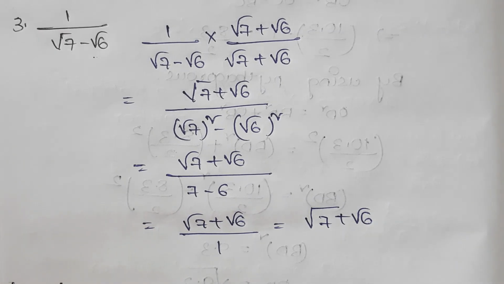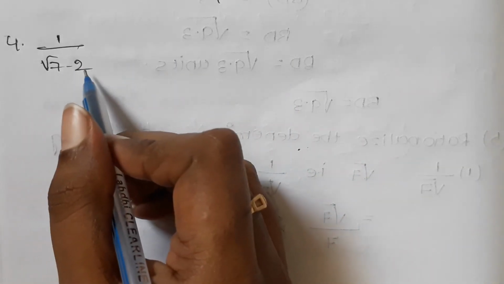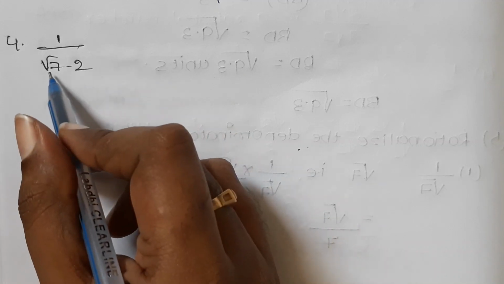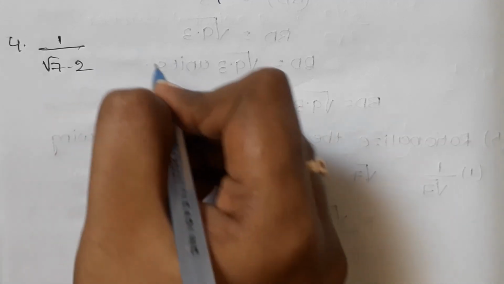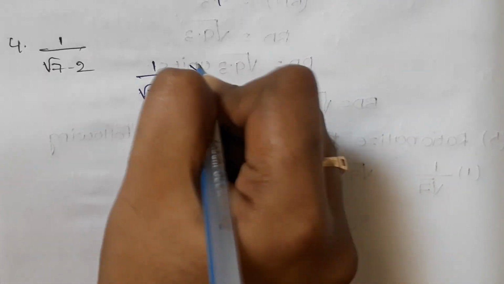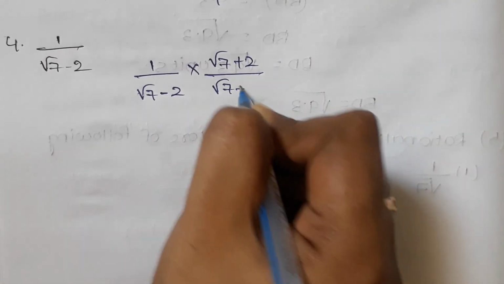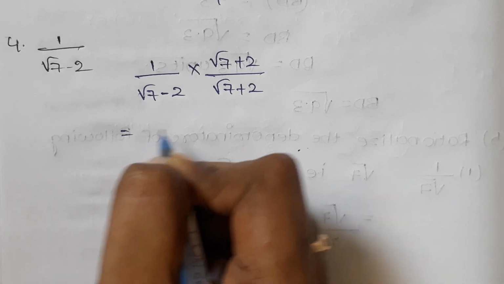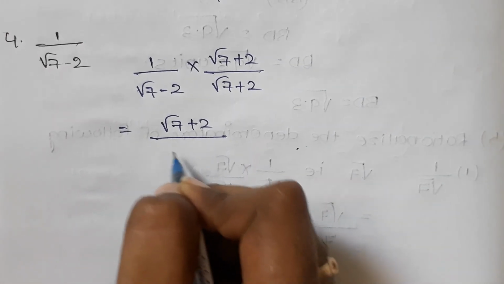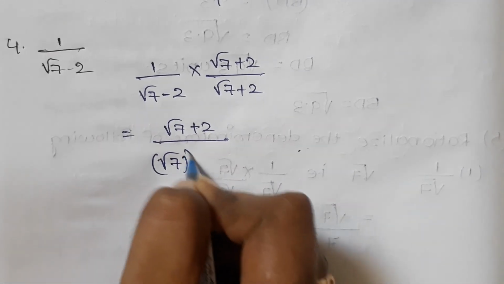Now let us see another one, that is 1 by root 7 minus 2. Now we multiply and divide with root 7 plus 2. That is 1 by root 7 minus 2 into root 7 plus 2 divided by root 7 plus 2. Now we will get root 7 plus 2 divided by a plus b into a minus b, that is a square minus b square.